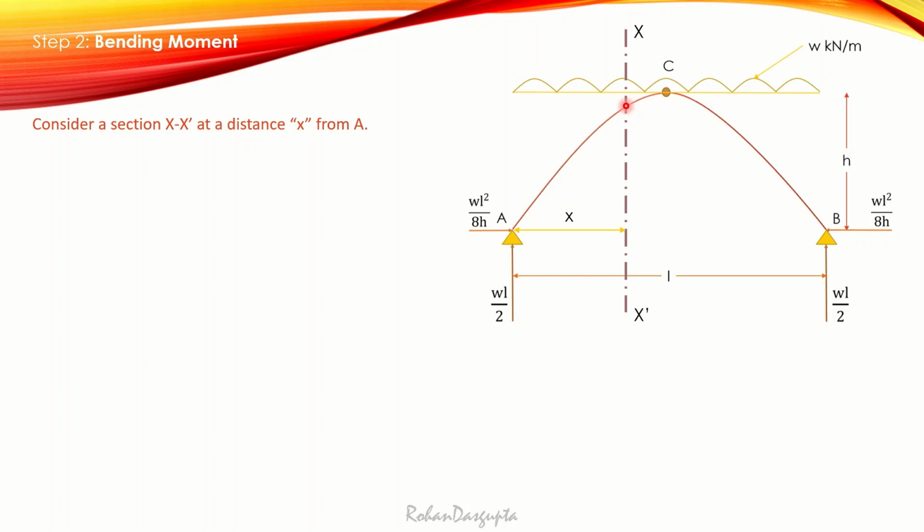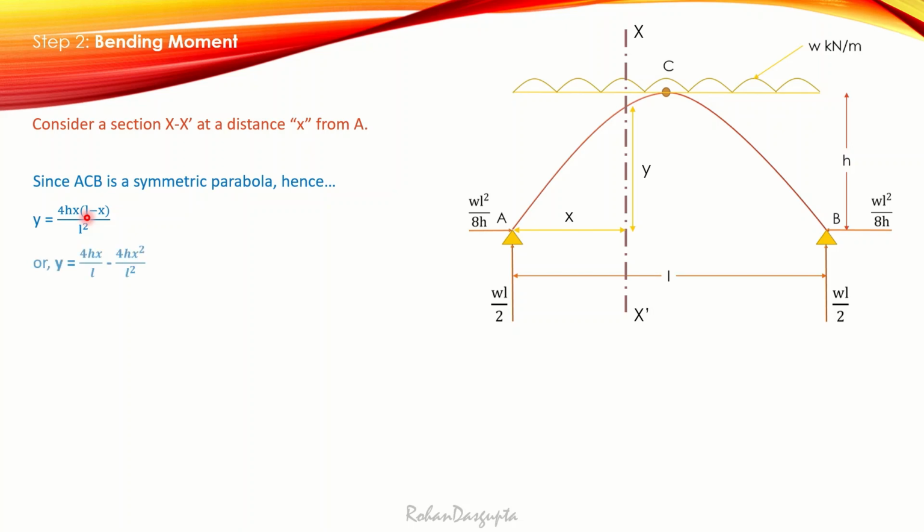So now, if this distance is x, the corresponding distance here will be equal to y. Now what is this y? Just see that since ACB is a symmetric parabola, this y is nothing but the equation of the parabola, that is y is equal to 4hx(L minus x) divided by L square, where h is the central rise and L is the span.